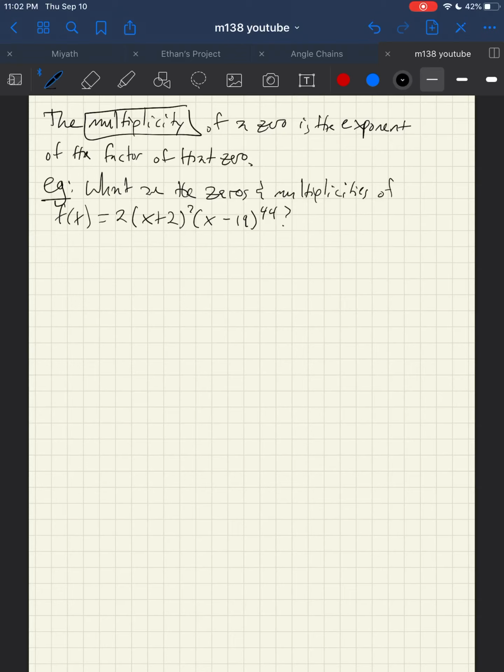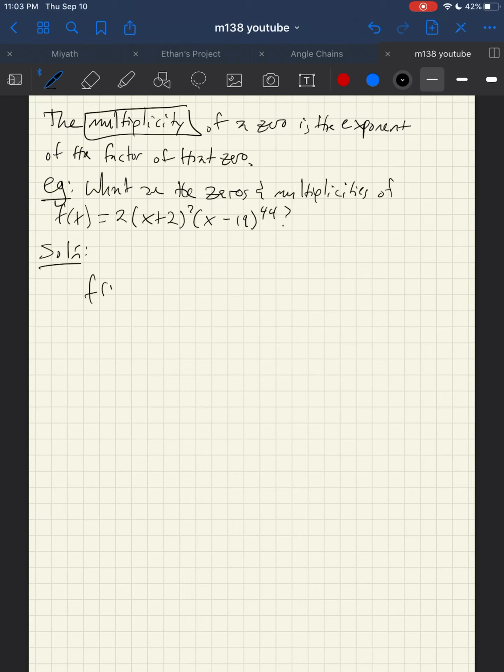Okay? Hopefully you're noticing by now that when I give you some of these sillier numbers, you're probably not actually going to have to use them, at least not to their full capacity. So when you see this factored polynomial, I'm probably not going to ask you to raise 19 to the 44th power and compute that. We're going to use 19 and 44, but not by actually foiling this out with 44 factors, right?